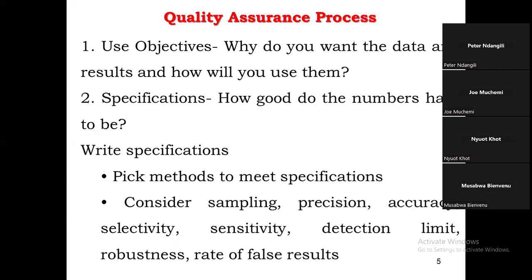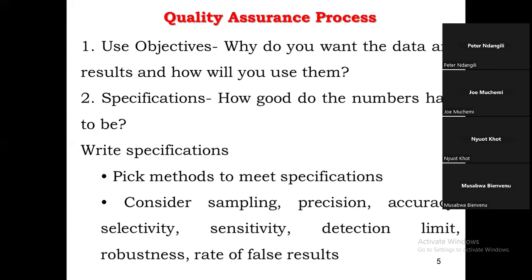And the question here is, why do you want the data and the results, and how are you going to use those results? Number 2, you need to ask questions about the specifications. How good do the numbers have to be? You write specifications that you are going to gauge for you to say that you have a good quality assurance.